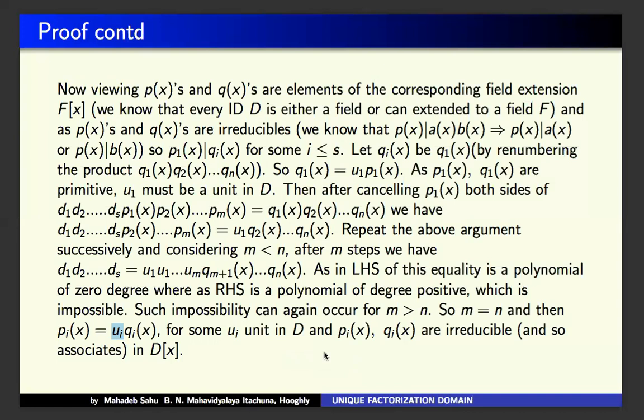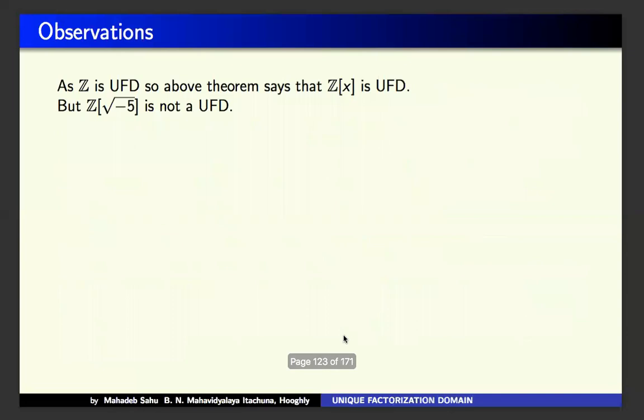Uniqueness means unique up to the order of the factors, and up to associates. In this sense the two expressions become identical except for the order of the factors or associates. Therefore such factorization is unique.